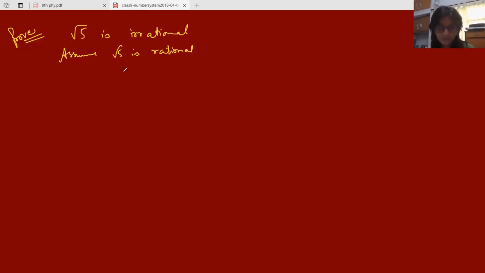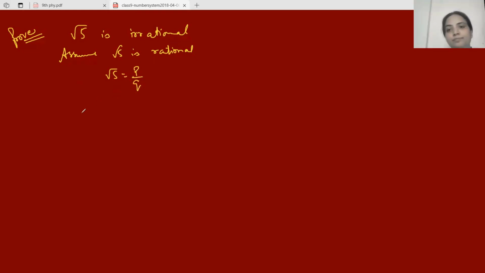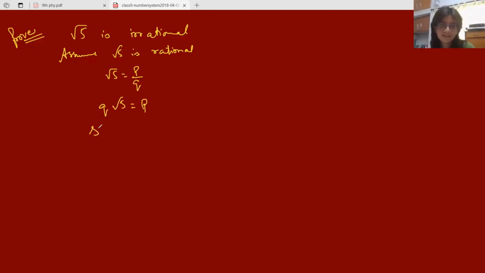Root 5 is equal to P by Q, where Q is not equal to 0 and P and Q are integers and co-primes. Ma'am, then Q by root 5 is equal to P. Q into root 5 is equal to P. Okay, ma'am, then we'll square both sides.